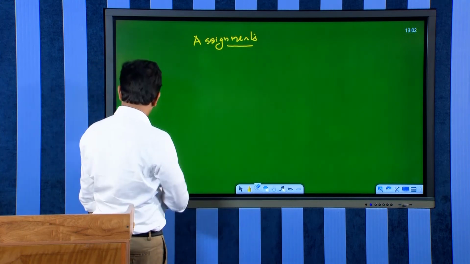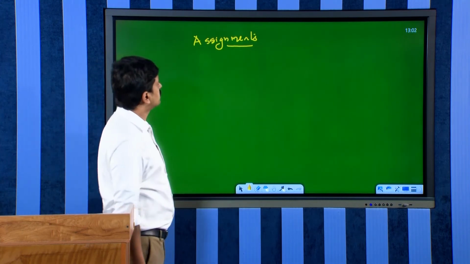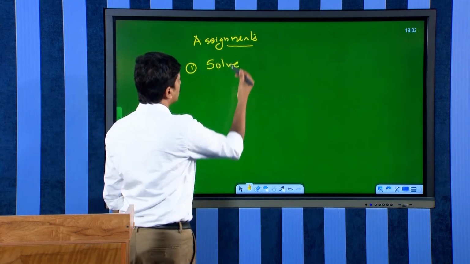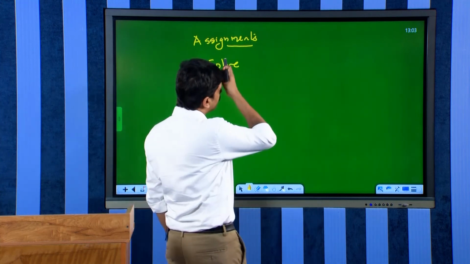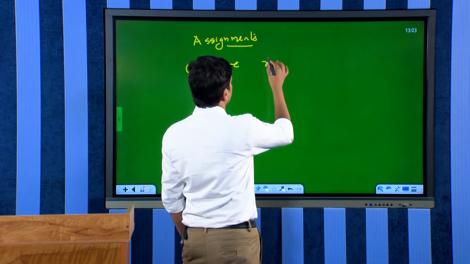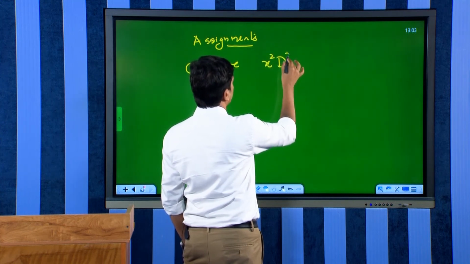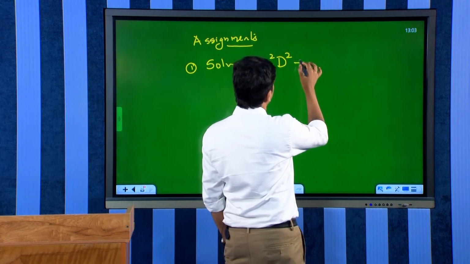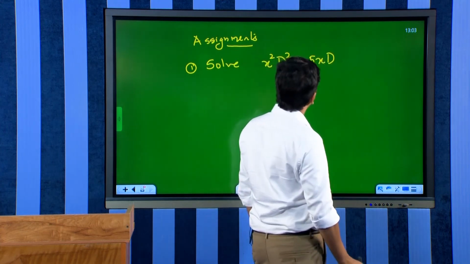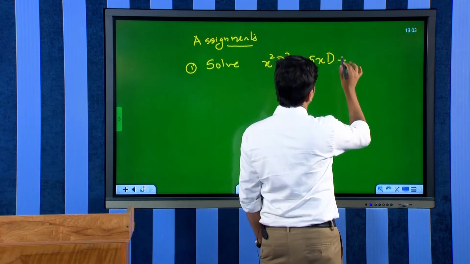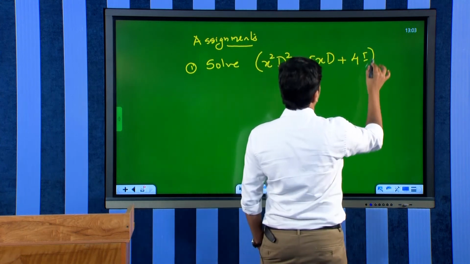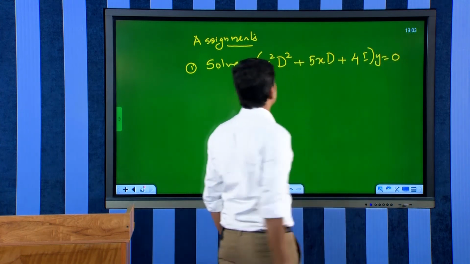The first question: solve the Euler Cauchy equation x square d square plus 5 x d plus 4 I into y equal to 0.